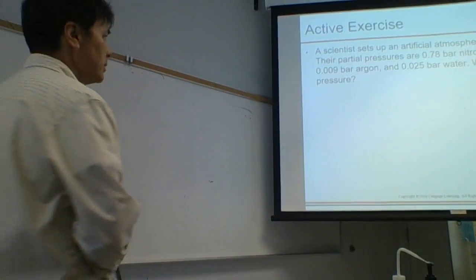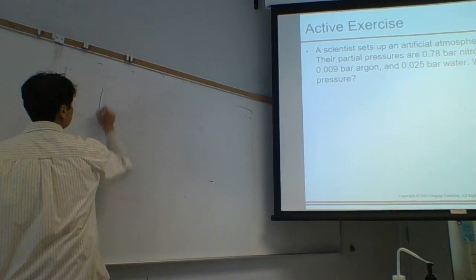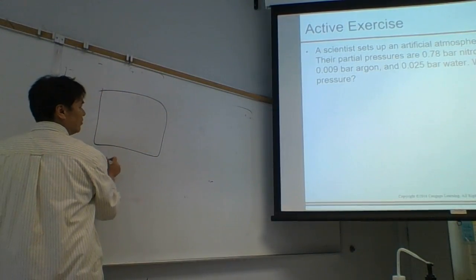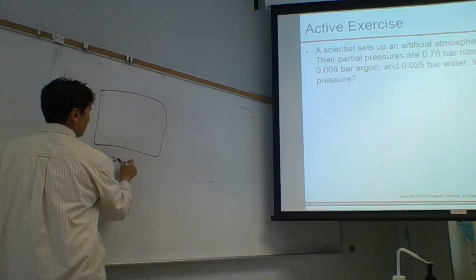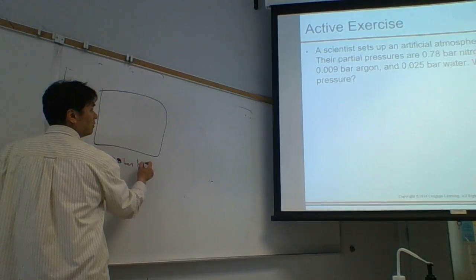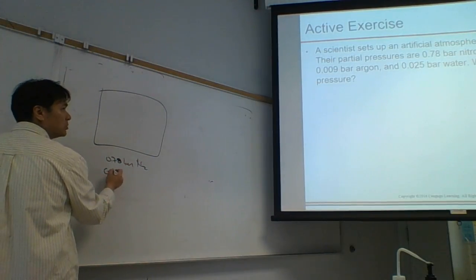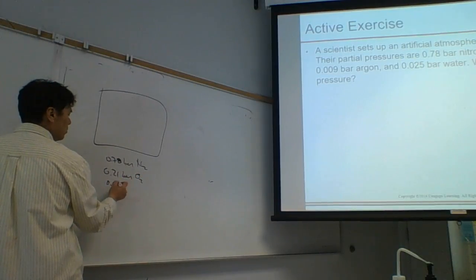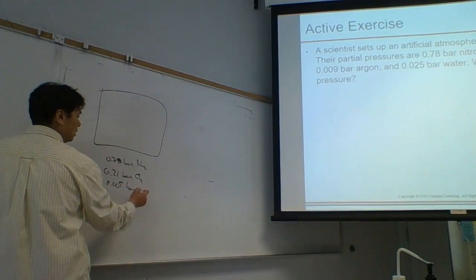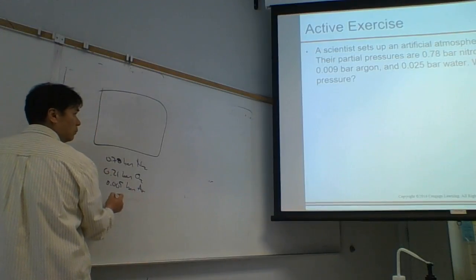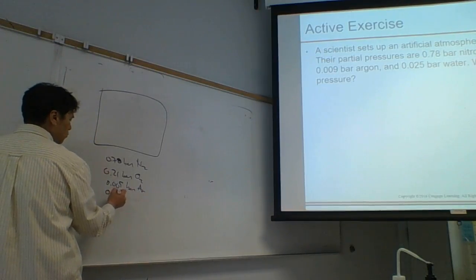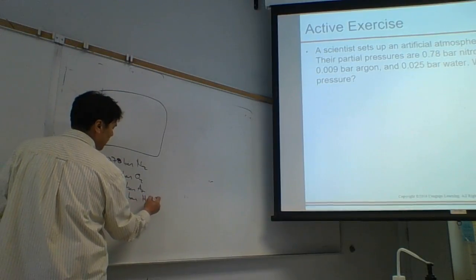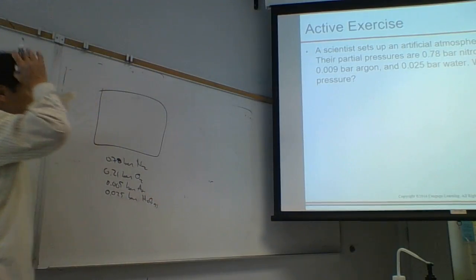Okay, so they're setting up an artificial atmosphere with 4 gases. They're going to have 0.78 bar of nitrogen and 0.21 bar of oxygen, 0.009 bar of argon, and 0.025 bar of water vapor, H2O gas. What is the total pressure?